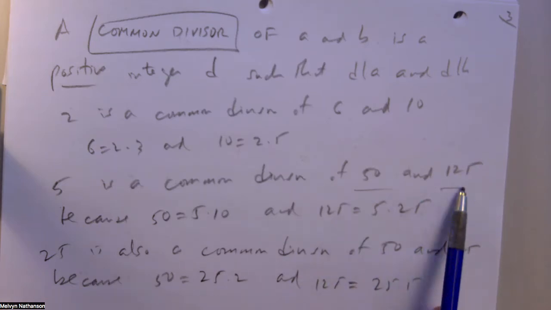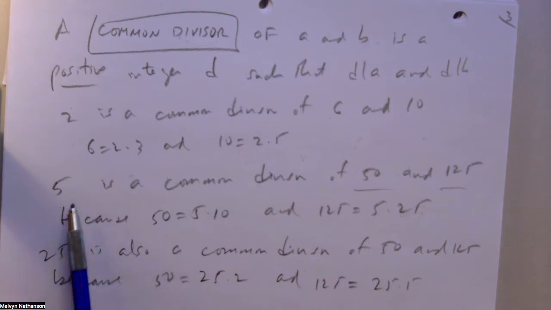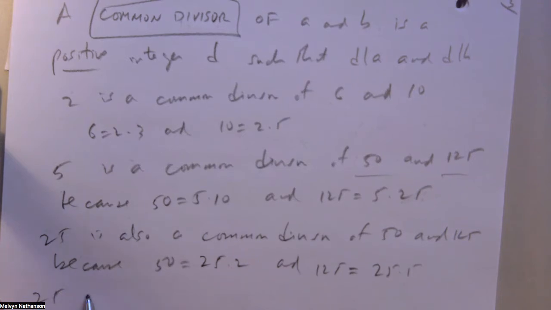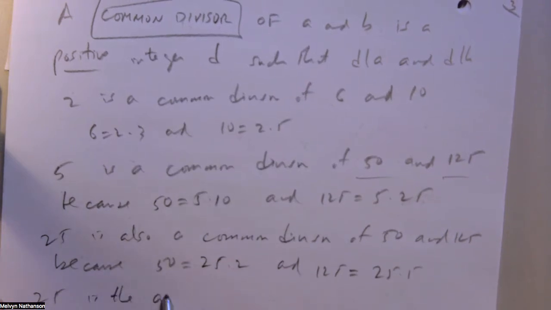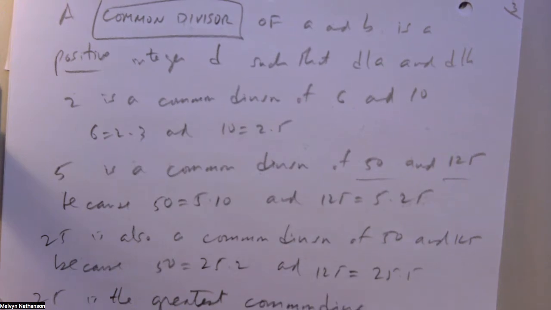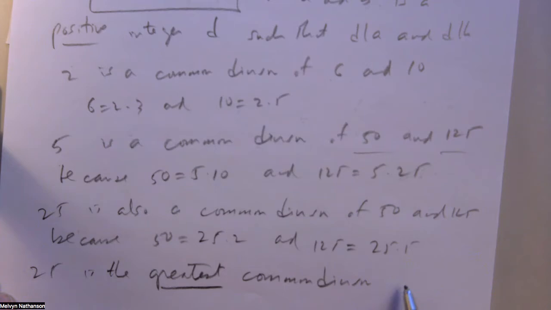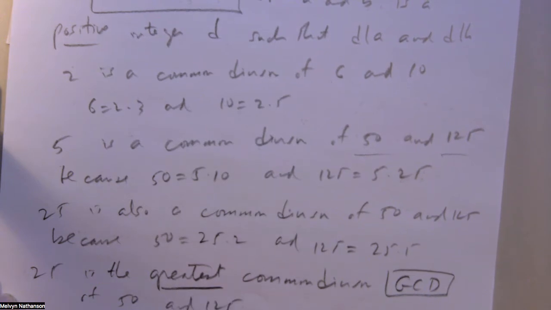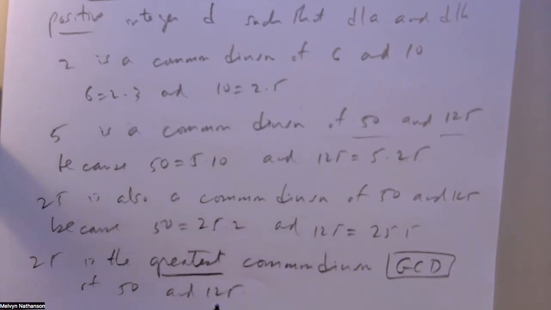So the numbers 50 and 125 have 5 as a common divisor. They also have 25 as a common divisor. 25, however, is the greatest or largest common divisor, which we abbreviate as GCD, greatest common divisor, of 50 and 125.